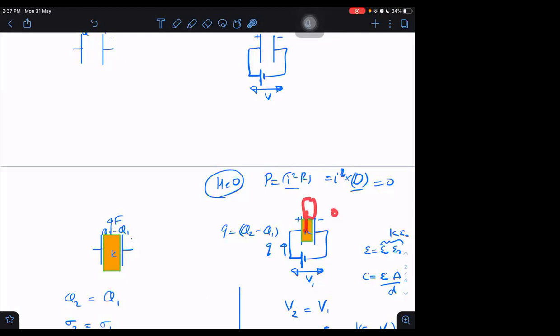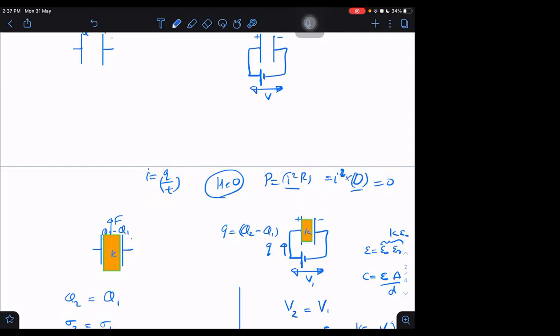It will take a finite time. What is current? Current is charge flown in finite time. So if the charge is finite and time is finite, can we get an infinite value? Nope. That is the reason I is not infinite in this case. If I is not infinite, then power has to be 0.